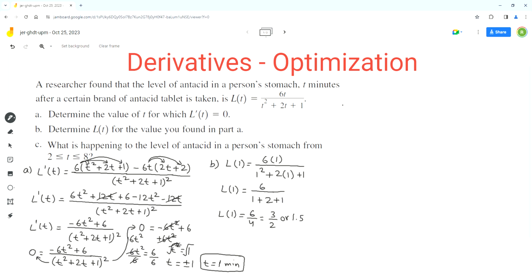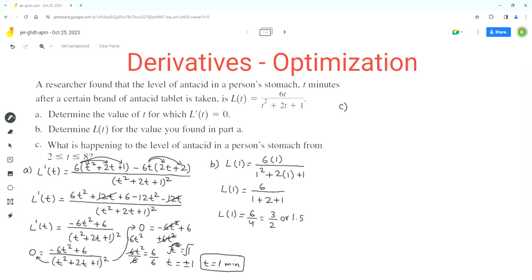Now we can analyze part C. In part C, we have to find what is happening to the level of antacid in the person's stomach from t equals 2 to 8 minutes. So we have to analyze the derivative of the L at t function to answer part C, because we have to find whether the level of antacid is going up or down in this time interval from 2 to 8 minutes.